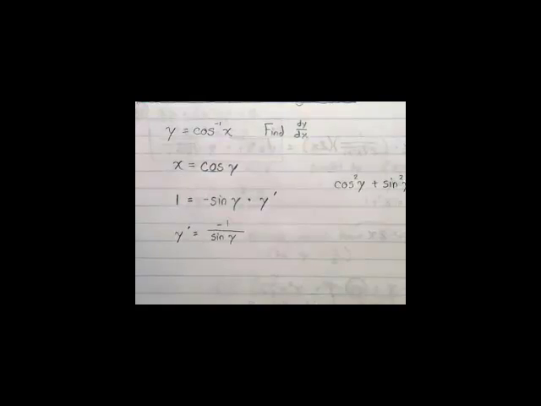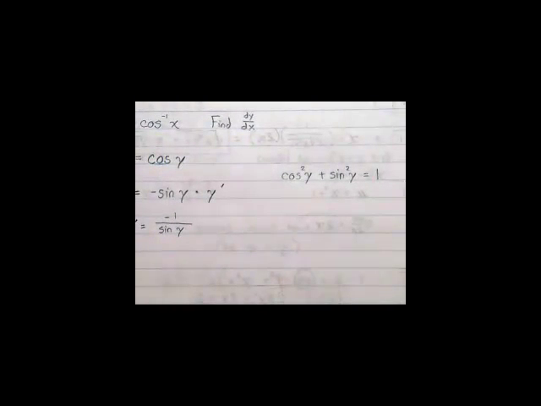I'll remember that one. Cosine squared, and I'm just going to use y this time just because it's convenient: cosine squared y plus sine squared y equals 1. Take a minute, take that identity I just gave you, and solve it for sine y. Think you can do that? Solve it for sine y.